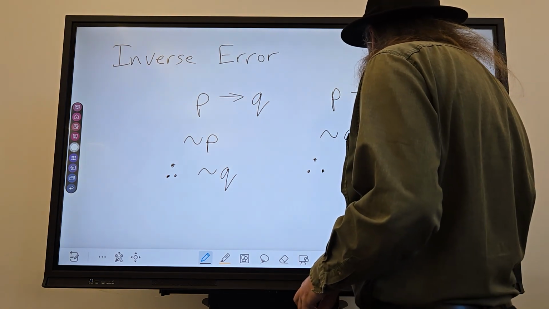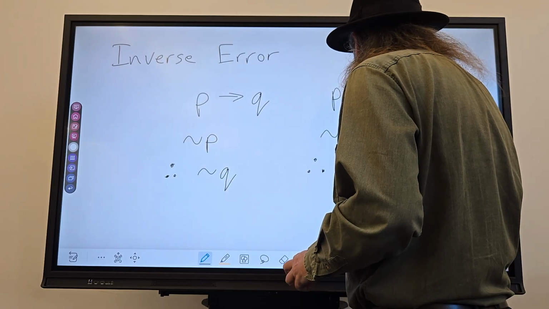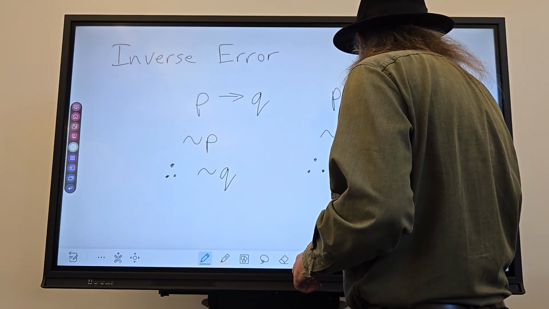Not P. I get ponens and tollens mixed up sometimes.